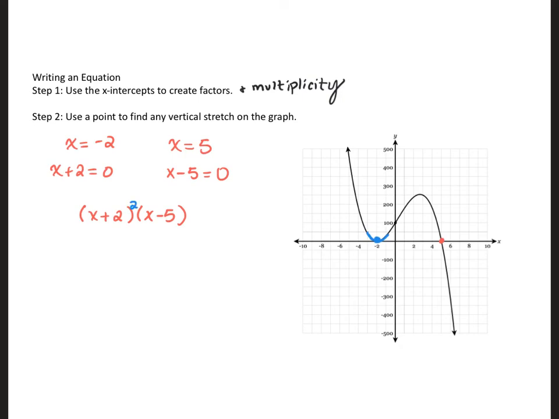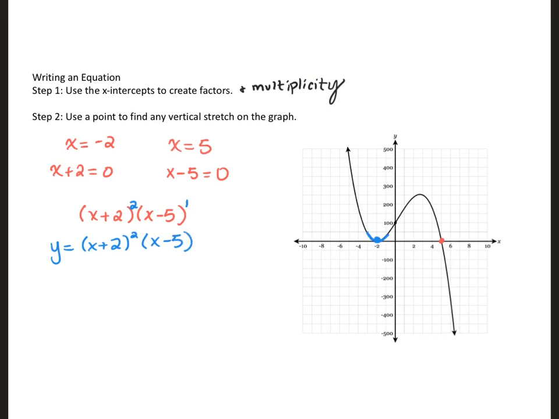I also notice that the other one is crossing, which means I need an odd multiplicity, so I'm going to use an exponent of 1. Again, usually you use the smallest possible even and odd numbers when you're trying to write your equation. So right now I have a rough equation of y equals x plus 2 squared times x minus 5.